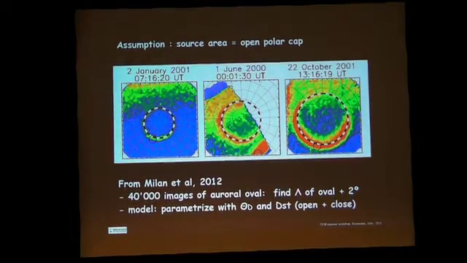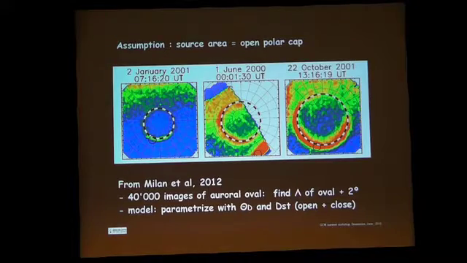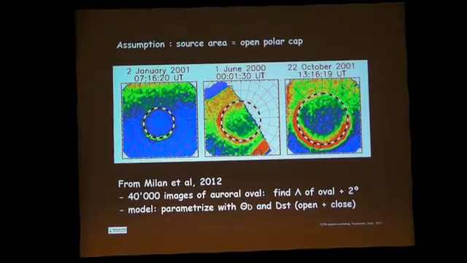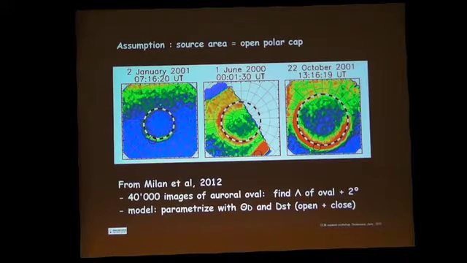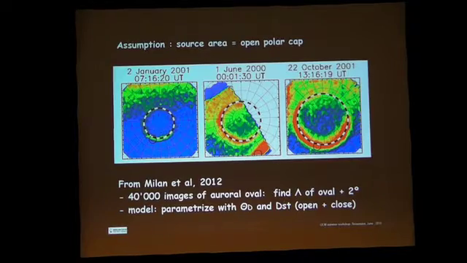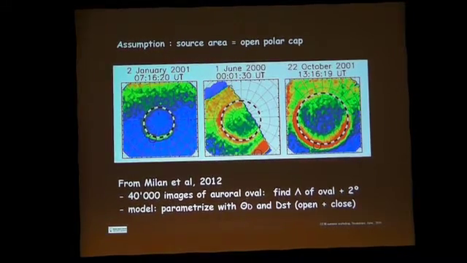If we want to look at the total outflow rate, we also need an idea about the polar cap size. So what I've done here, and what many people do, is take the auroral oval and move a couple of degrees forward of that, and say this is the open polar cap.